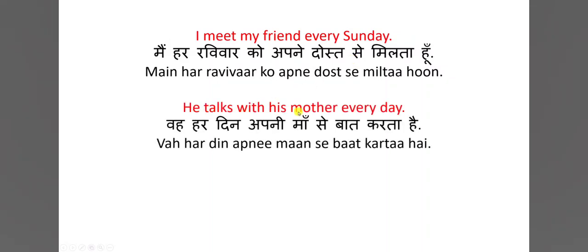He talks with his mother every day. वह हर दिन अपनी माँ से बात करता है. वह is he, har is every, दिन is day, apni is his, maa is mother, se is with, baat kar is talk, baat karta is talks, hai is the tense indicator.